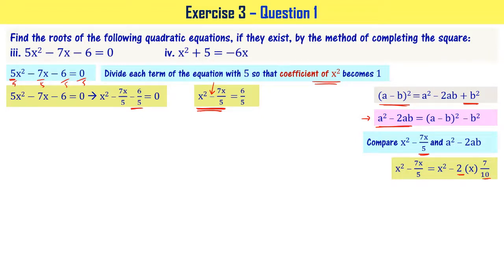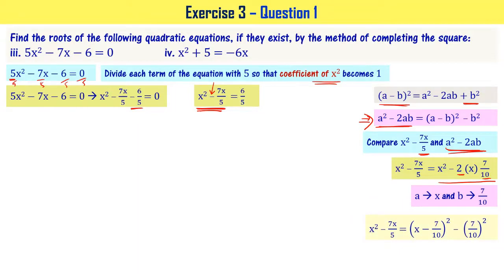Now we can make the comparison straightforward. a square minus 2ab and x square minus 2x times 7 by 10. When you compare, you say that a equal to x and b equal to 7 by 10, right? Let's substitute these two values into this particular equation. When you do that, the equation becomes x square minus 7x by 5 equal to x minus 7 by 10 whole square minus 7 by 10 whole square, right?